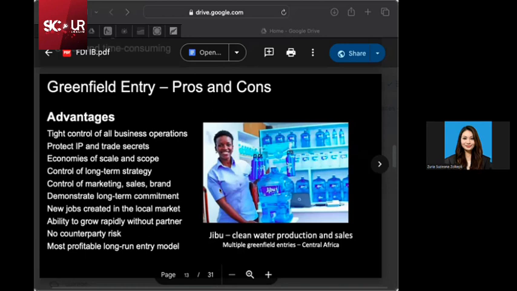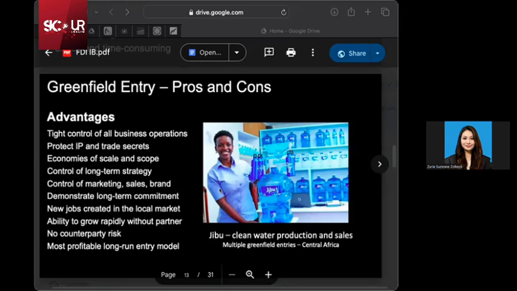And then it demonstrates a long-term commitment to local people and governments, because if you build a company, it is for the long term. Nobody wants to make a company for just the short term or trial and error. This is long term, so you are making a long-term commitment to local people and the governments that you are going to contribute to their economic growth.